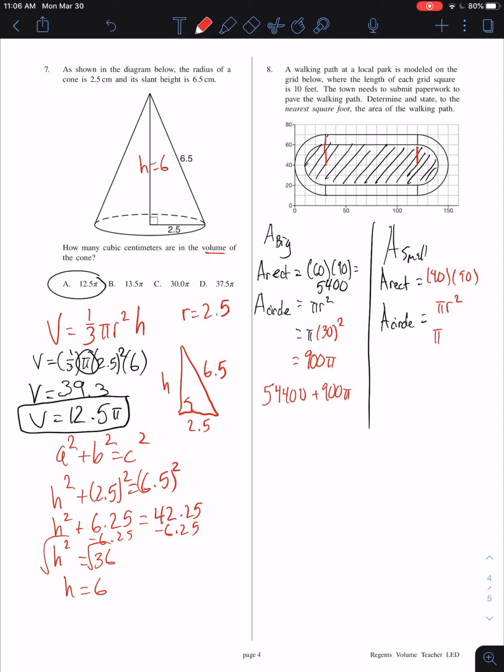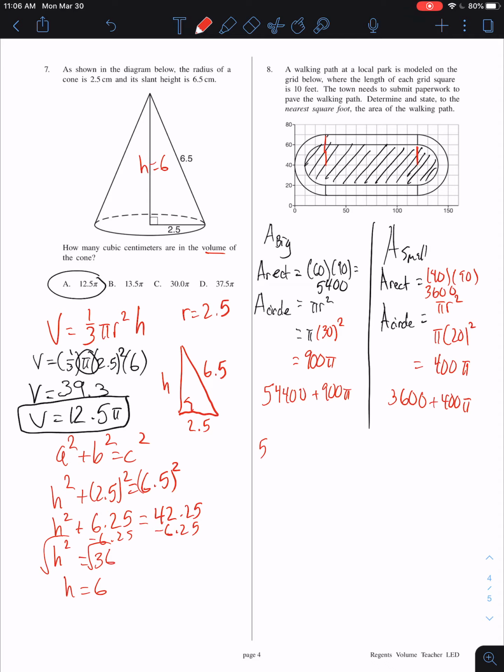So I'm going to get pi times 20 squared, so it's going to be 400 pi. I didn't multiply the 40 times the 90. Let's do that. So I end up with 3,600. And so I get 3,600 plus 400 pi. So now I'm going to subtract these two answers.